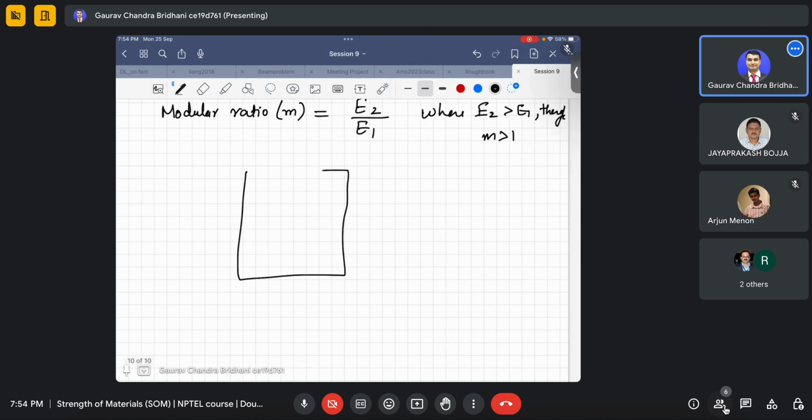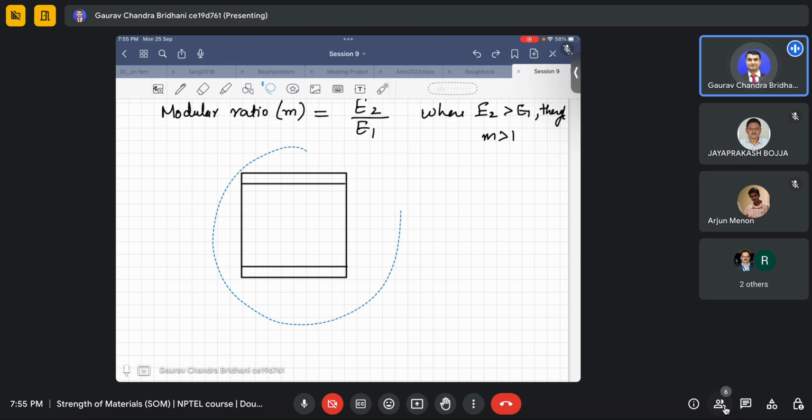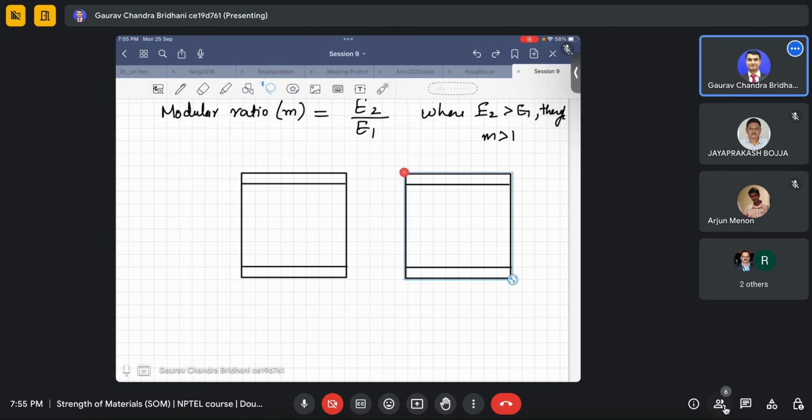Suppose this is the original section, and this is the neutral plane. Before that, I will draw a similar section, copy, paste.